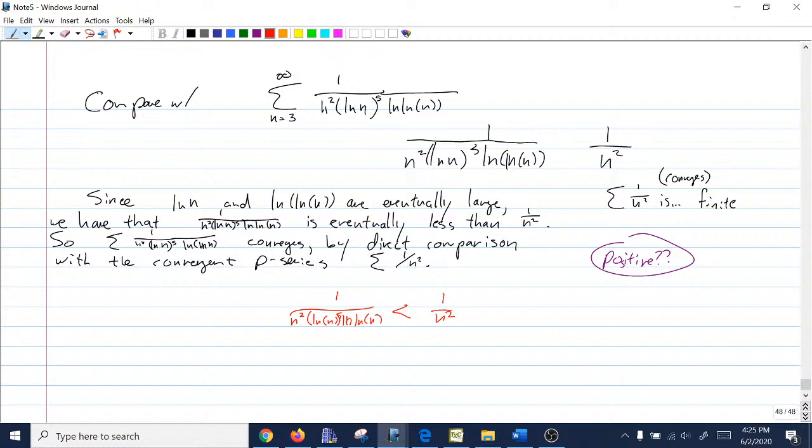I said the words direct comparison. I didn't mention that 2 is bigger than 1 is the reason that I'm allowed to do that, but that's the kind of thing that you don't really need to say. If you know the word p-series, then you know it converges when p is bigger than 1. Maybe, but the paragraph would be better if I mentioned that.